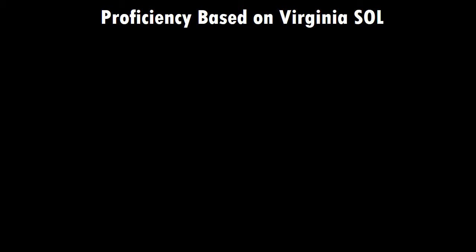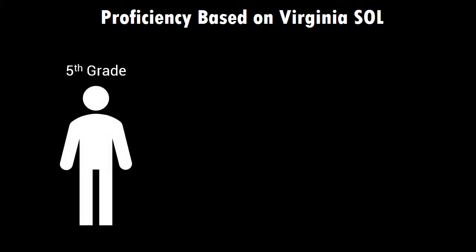So in the state of Virginia, the one score that we have to look forward to is the Virginia SOL score. If we take a look at this 5th grader, we can say that they might have scored a 443 SOL score. So we know that this student is proficient in the Virginia SOL test that they took, whether that's reading or mathematics.